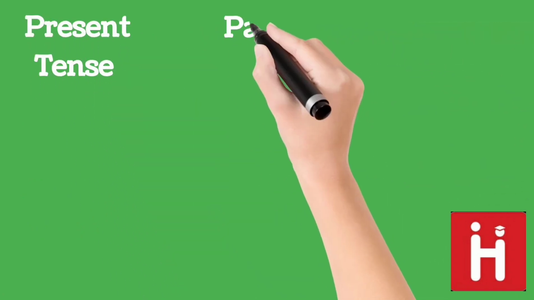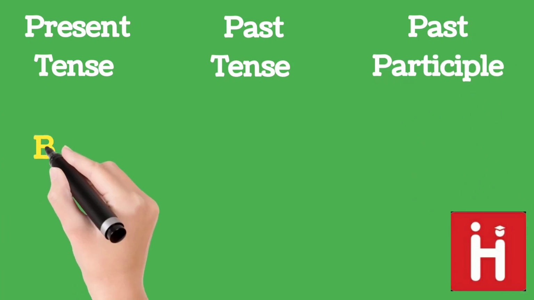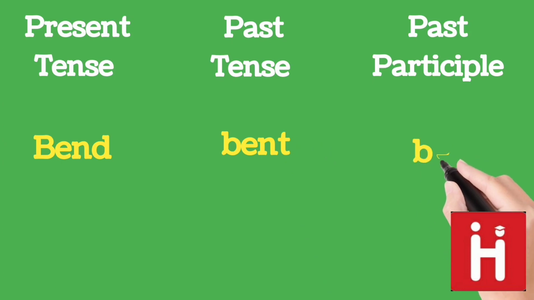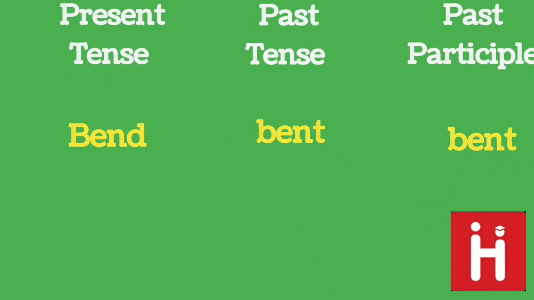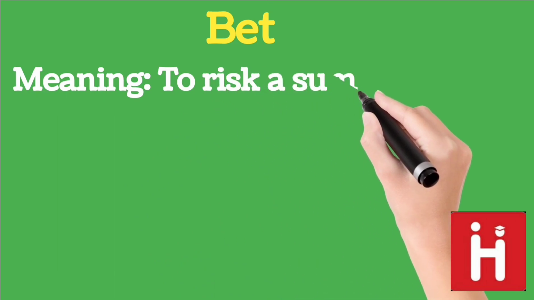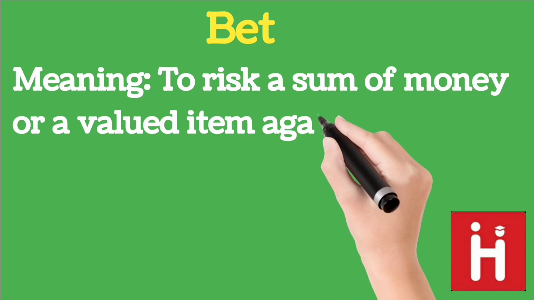The three forms of the verb bend are bend, bent, bent.